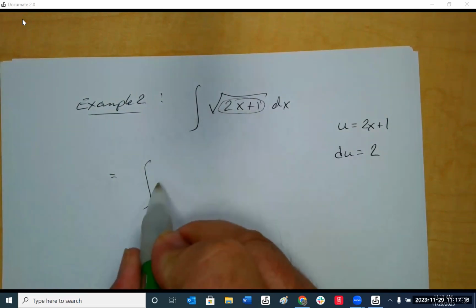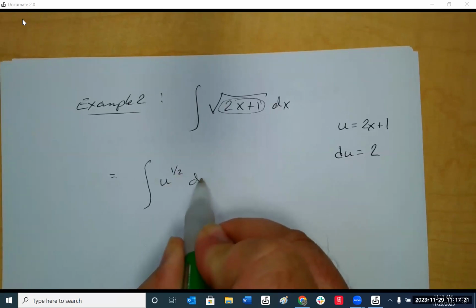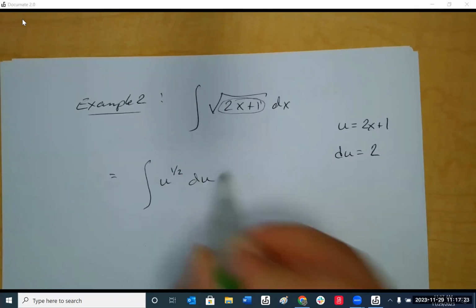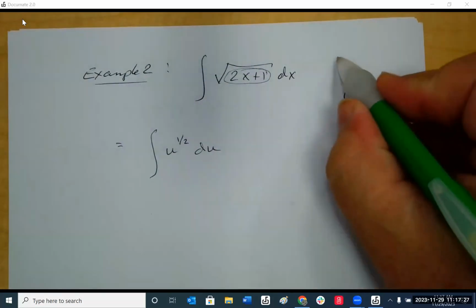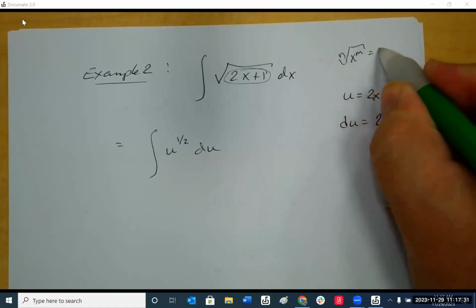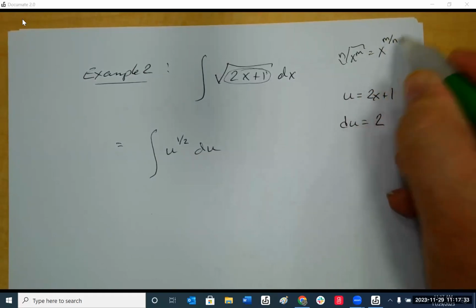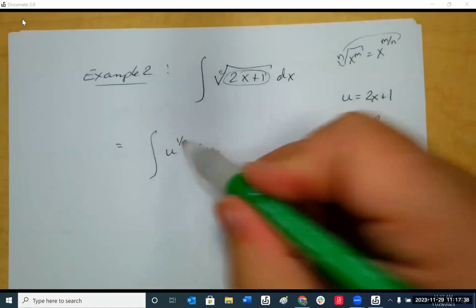So this equation is written this way because of the square root, remember, the nth root, whatever the root is, goes on the bottom. So it's a square root, so it goes on the bottom.